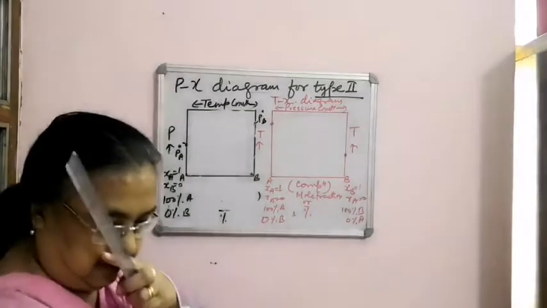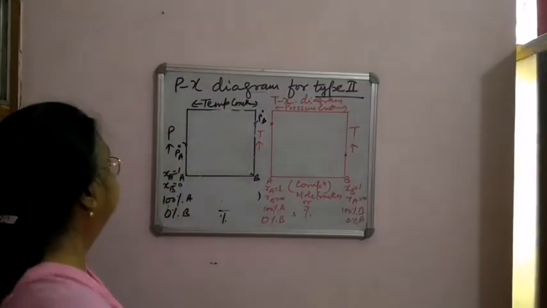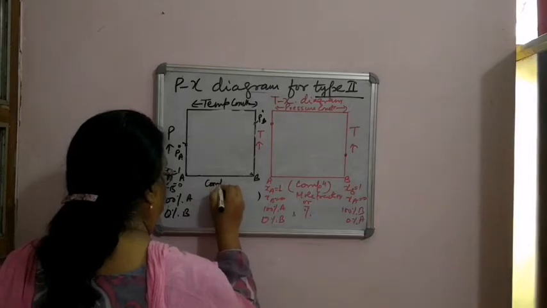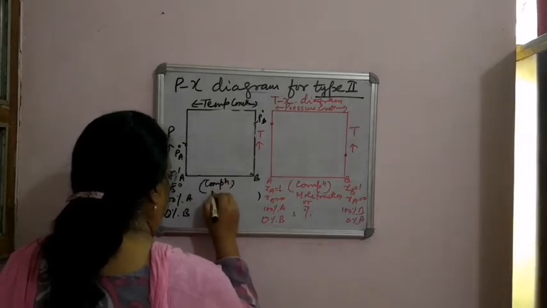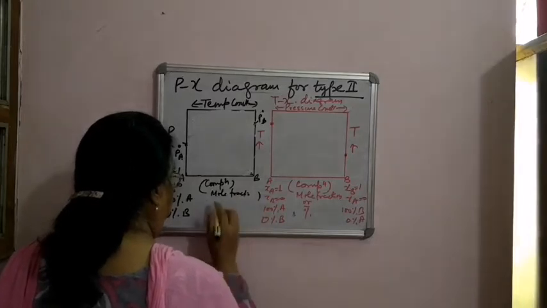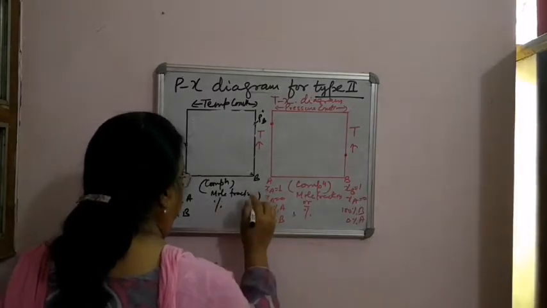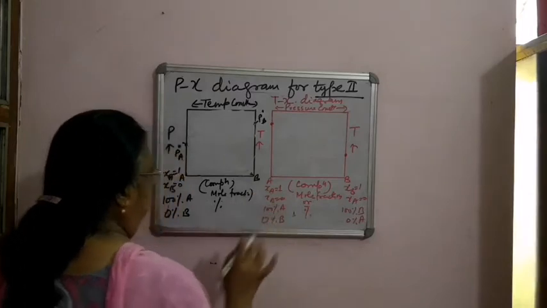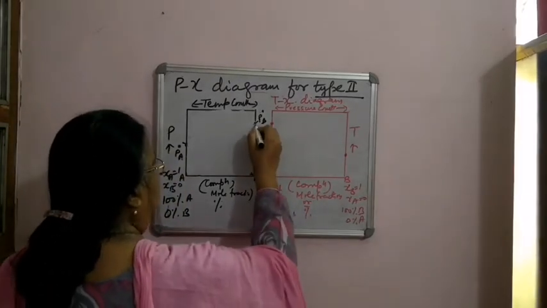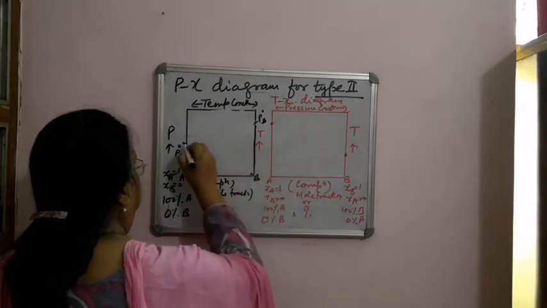Rest of the things will be the same. Here composition, mole fraction, and here is percentage, and rest of the things are the same. I am not writing it again and again, and in your notes you can do it.